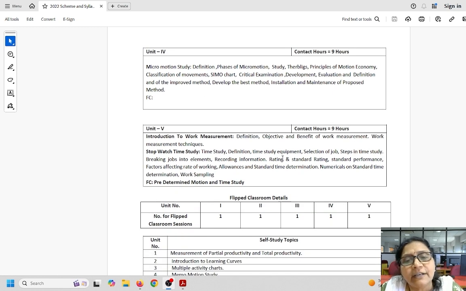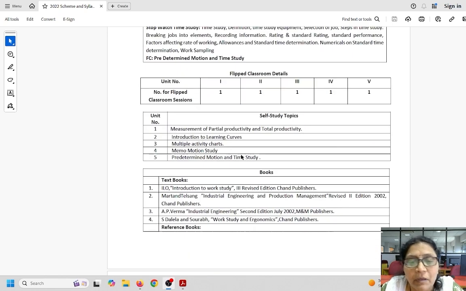So this is the introduction of industrial engineering and productivity management, and as I mentioned in the beginning, it is applied to any type of industry, or you can even apply it to your household work, or individually you can apply it yourself, so that you can improve your own efficiency.